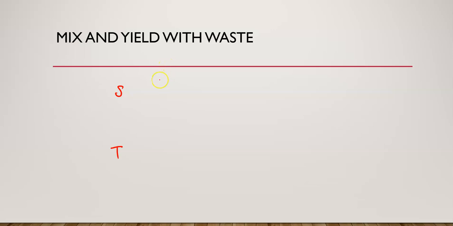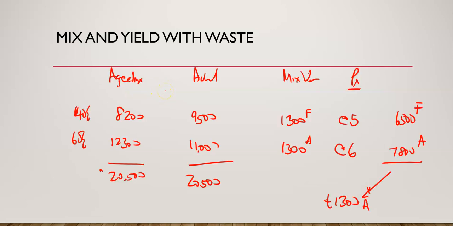The idea here is that you were to sell S and T in the combination here. So I'll just go back. This is the agreed mix. You sold 20,500, but now I just want to focus on output.